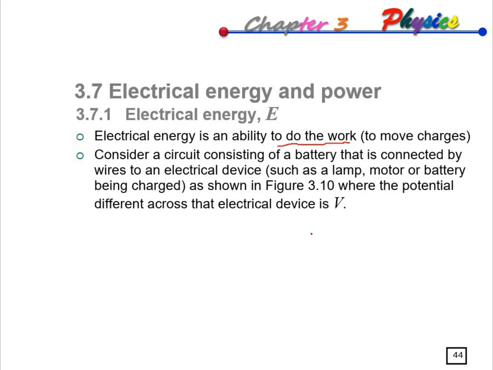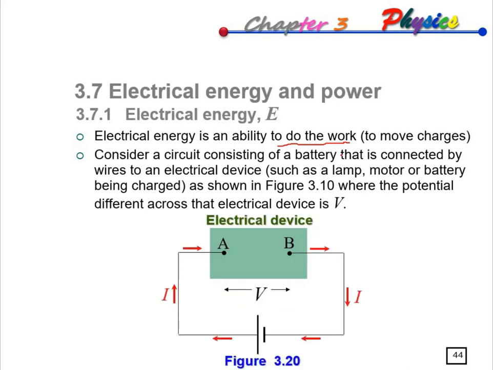Now, consider a circuit consisting of a battery connected by wires to an electrical device such as a lamp, motor, or battery being charged, as shown in figure 3.20, where the potential difference across the electrical device is V. The current flows from the positive supply to the negative supply, creating the potential difference across AB.